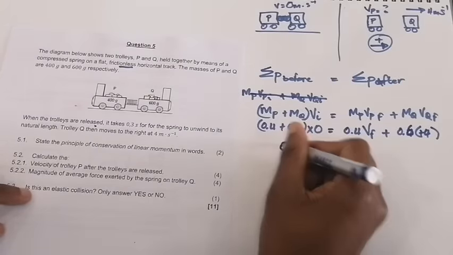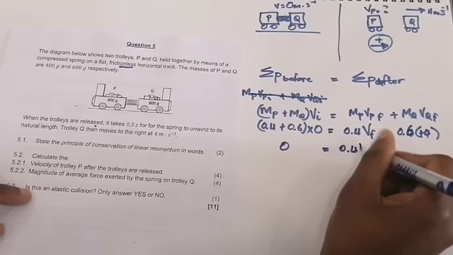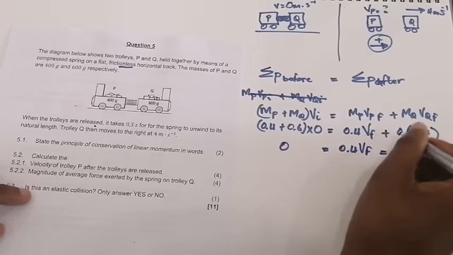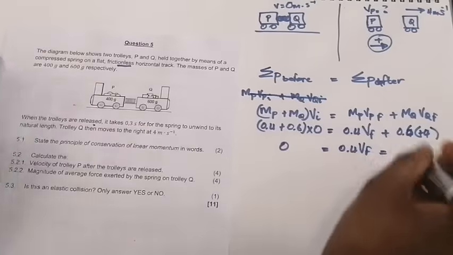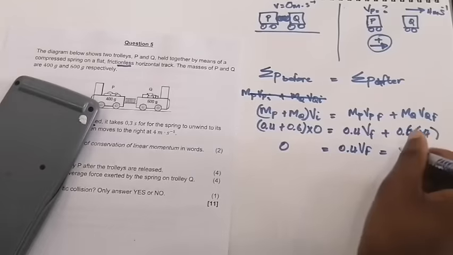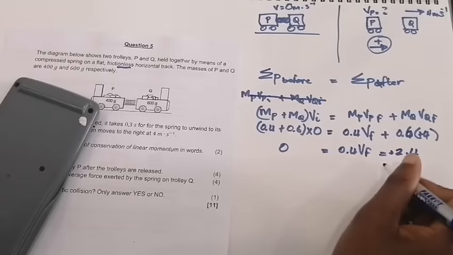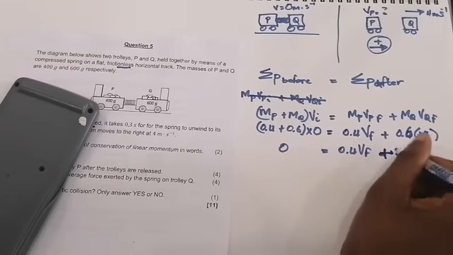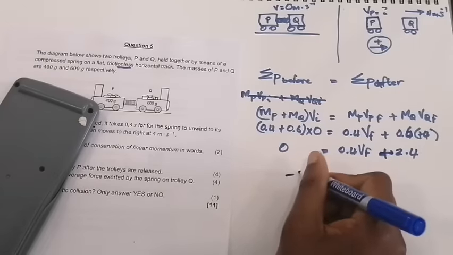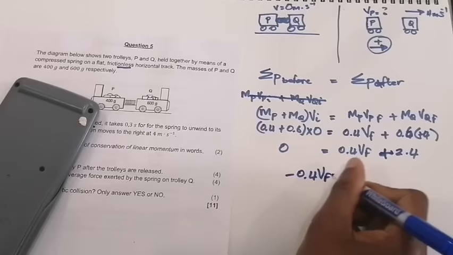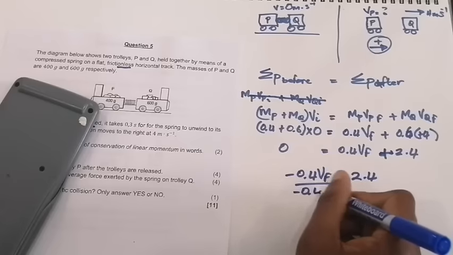Remember we've got 0 here. So 0.4 VF, sorry for dragging that out, plus 0.6 times 4. That's 6 times 4 is 24, so that's going to be plus 2.4. Right, if we take that to the other side, it becomes negative. So that's minus 0.4 VF equals 2.4. So we divide by minus 0.4.